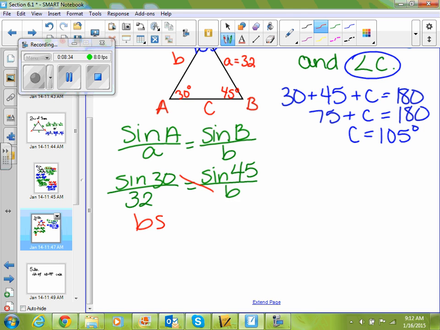Cross multiplying, I get B sine of 30 equals 32 sine of 45.